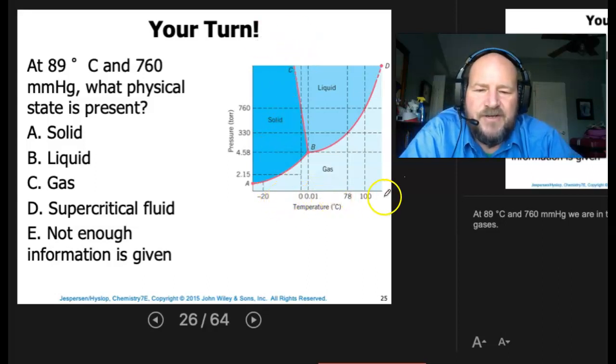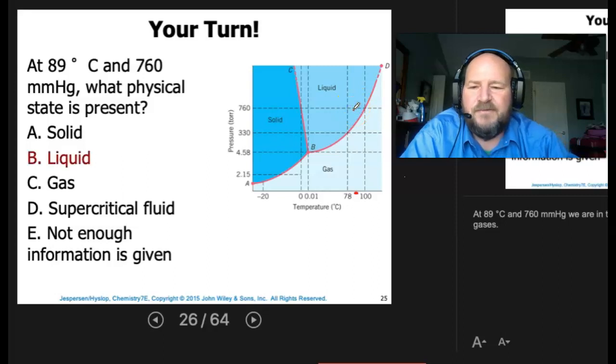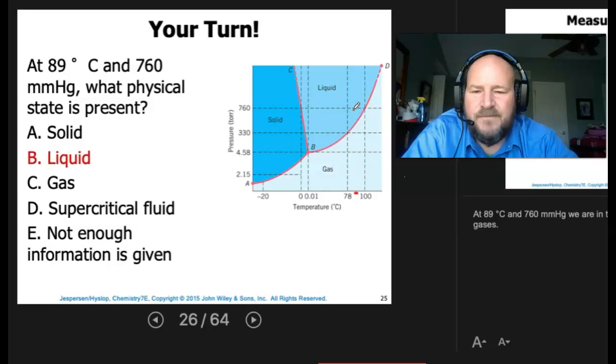Here's our temperature in degrees C. We'll find 89, it's right about here. Then 760, right about there. And we can see we have a liquid. Now if I add heat, what's going to happen? It's simply going to shift along the line until it becomes a gas.